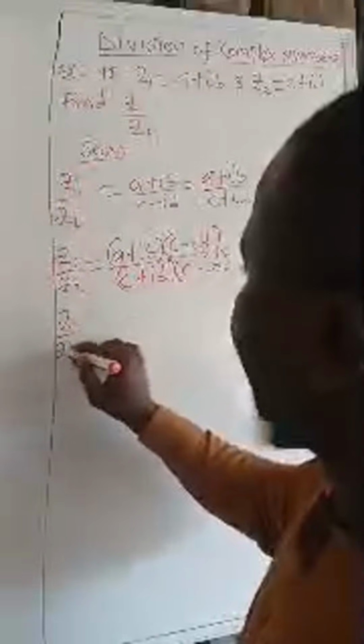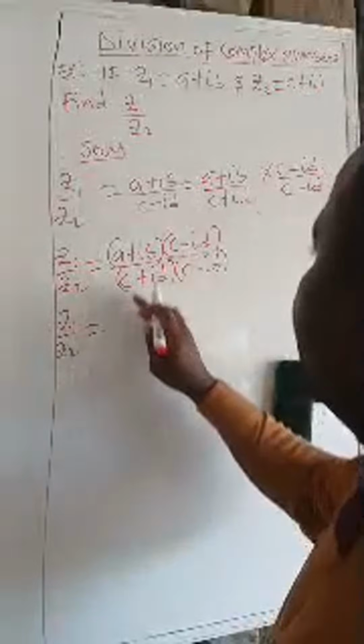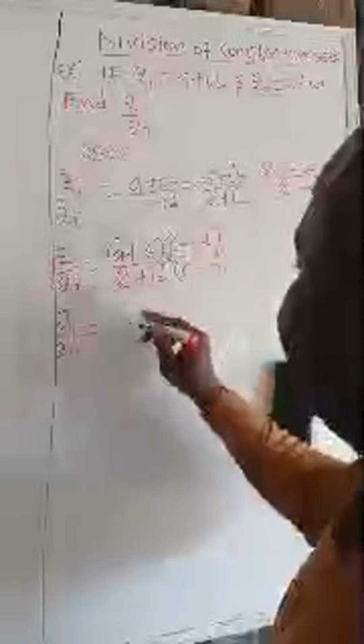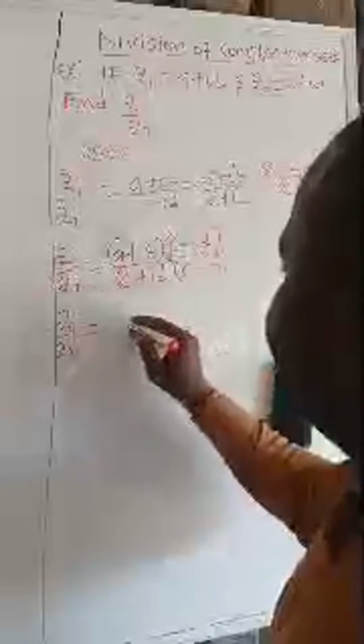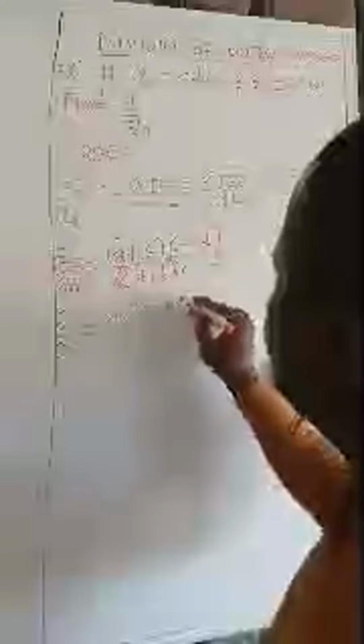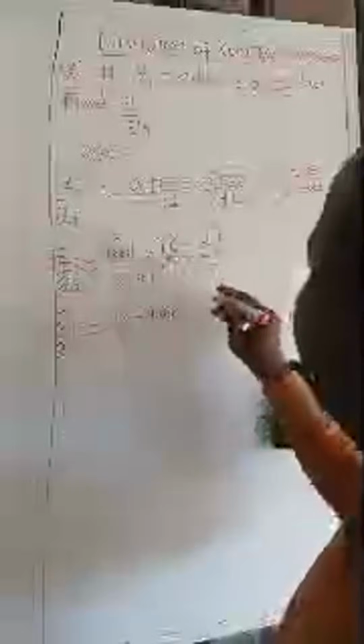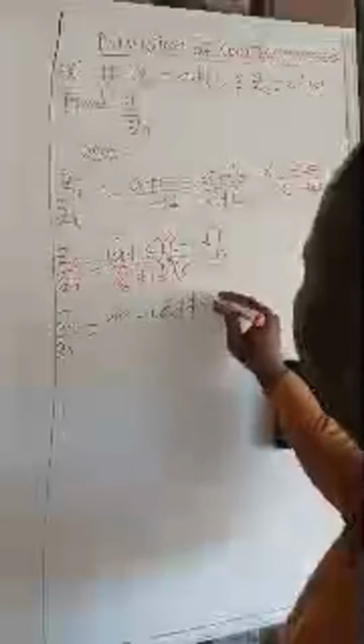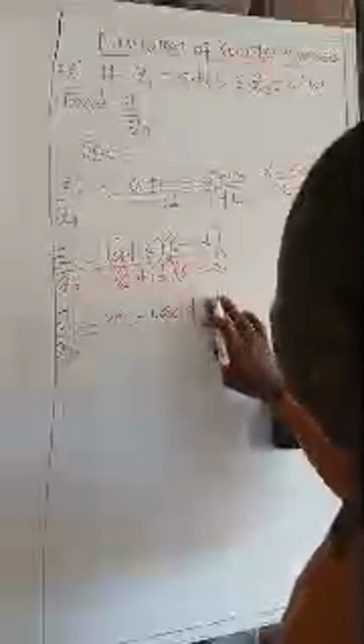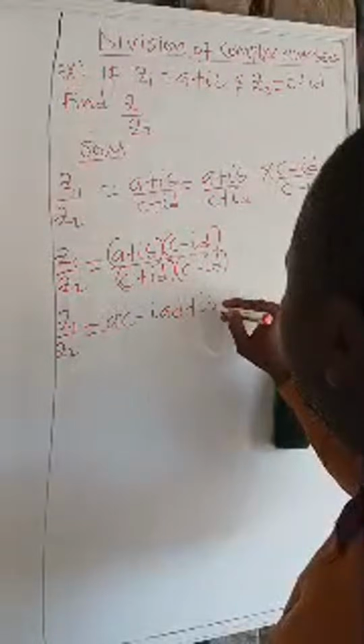So our numerator: A times C is AC, isn't it? Then A times minus ID is minus IAD. Then IB times C is IBC, or CB.